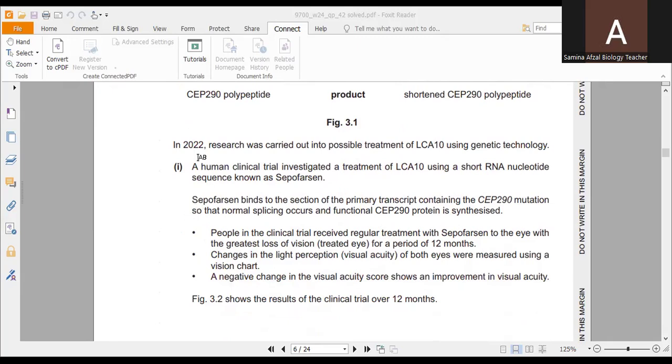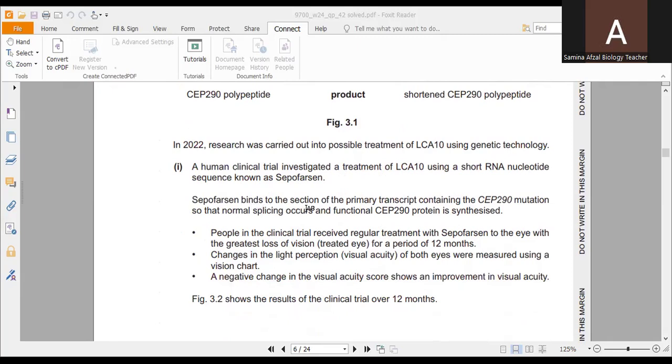In 2022, research was carried out into possible treatment of LCA10 using genetic technology. A human clinical trial investigated a treatment of LCA10 using a short RNA nucleotide sequence known as sepofarsen.